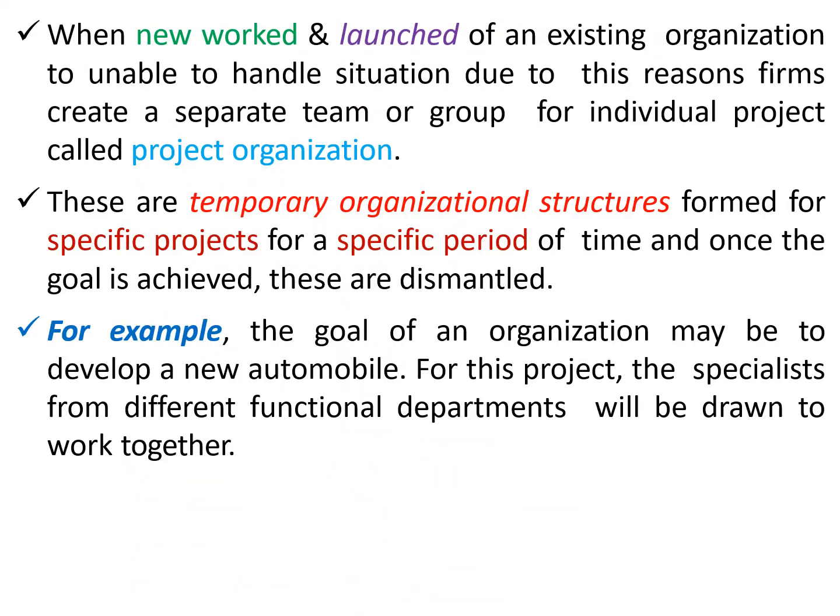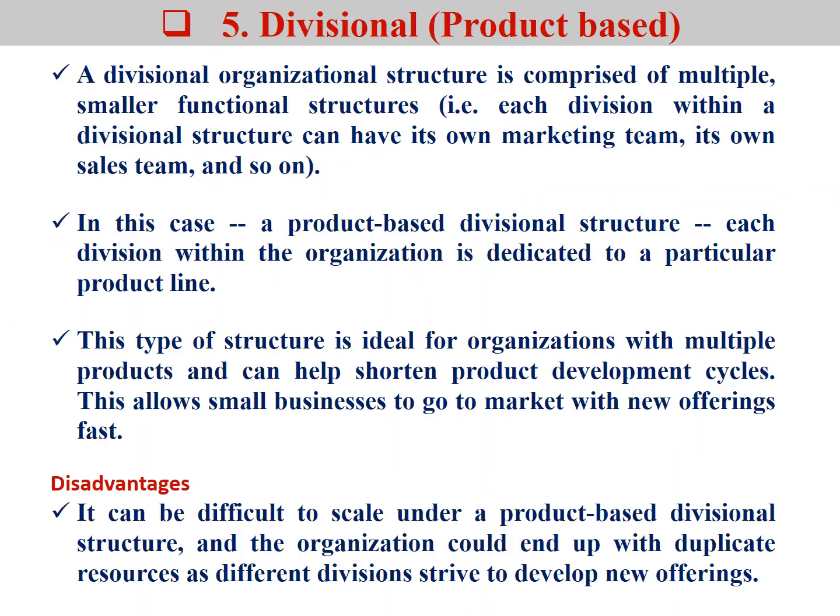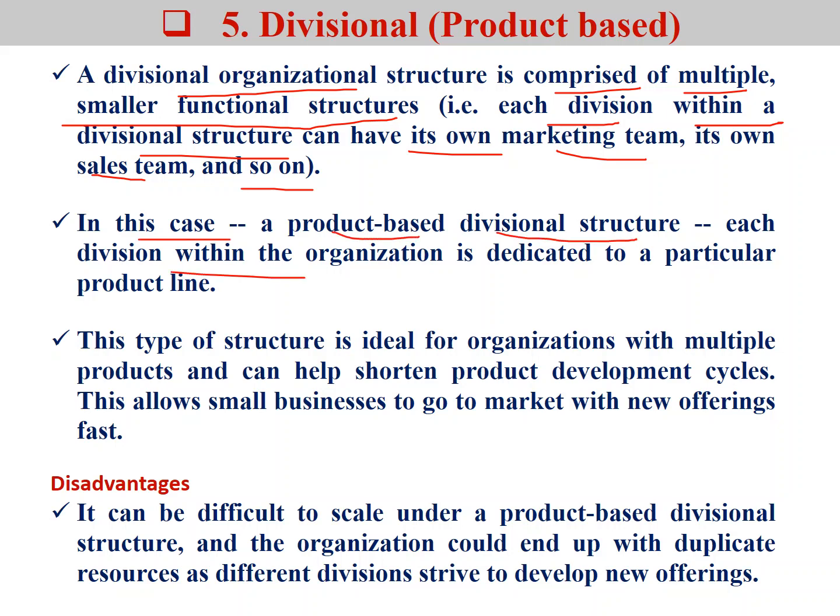And next is the divisional, product-based structure. So what is the divisional product base? The divisional organization structure is comprised of multiple smaller functional structures. Each division within the divisional structure can have its own marketing team, its sales team, and so on. In the product-based divisional structure, each division within the organization is dedicated to a particular product line.